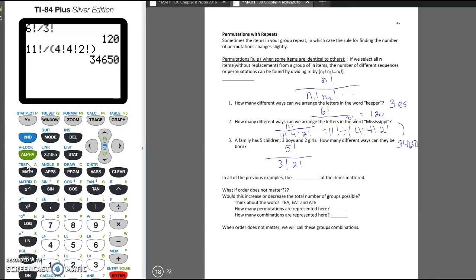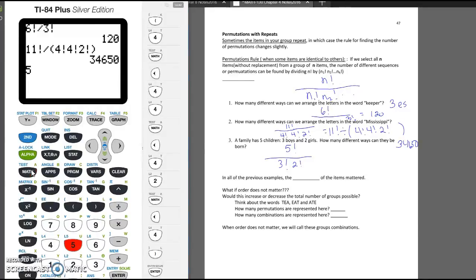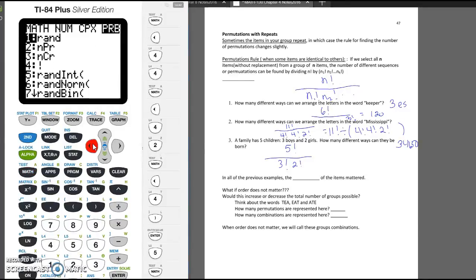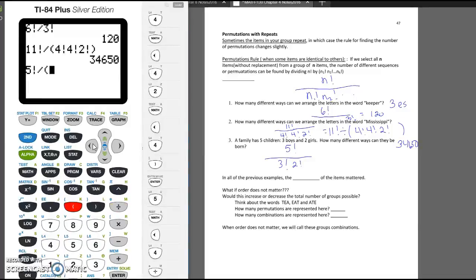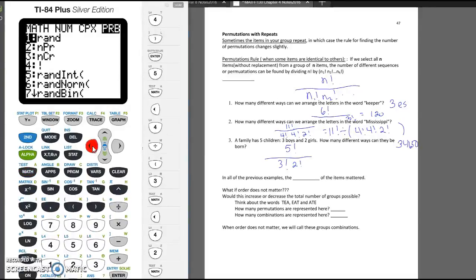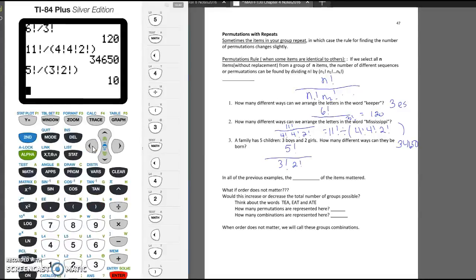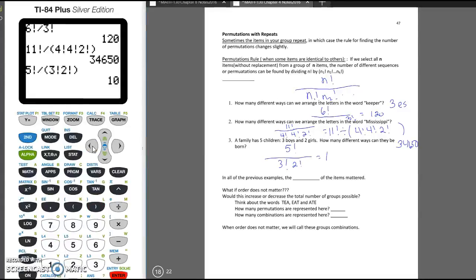So we'd have 5 factorial over 3 factorial 2 factorial. Here there'd be 10 different ways for the genders to be born.